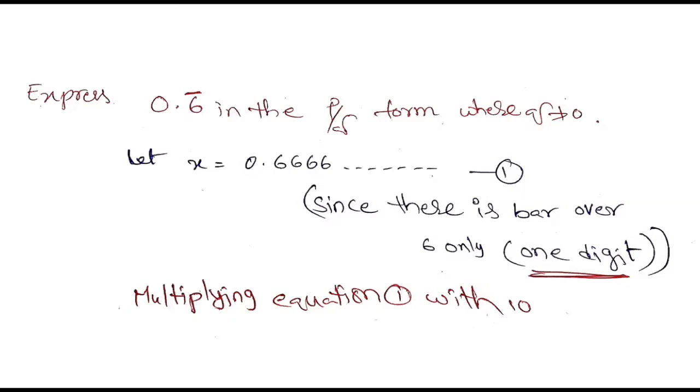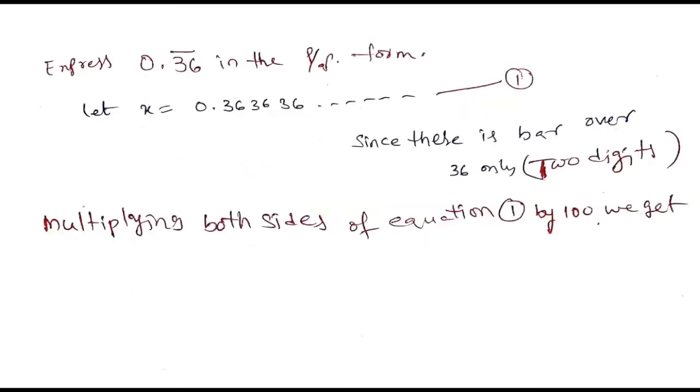I'll give you one more example here also. Express 0.36 bar. So bar on how many digits? Show me how many digits. Yeah, Aditya, how many? 2, good.